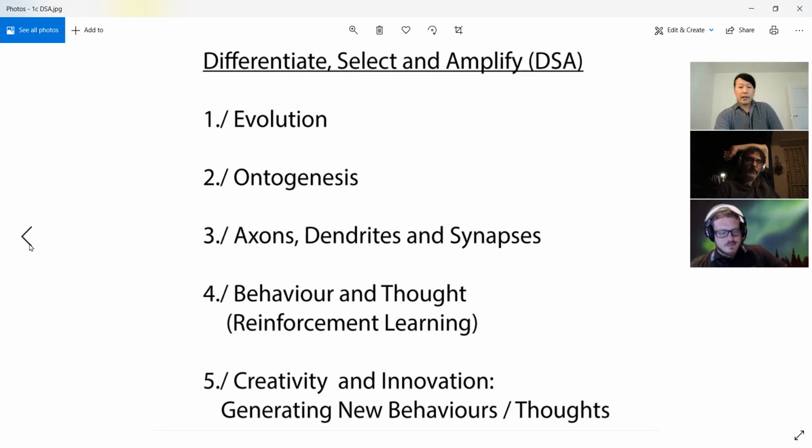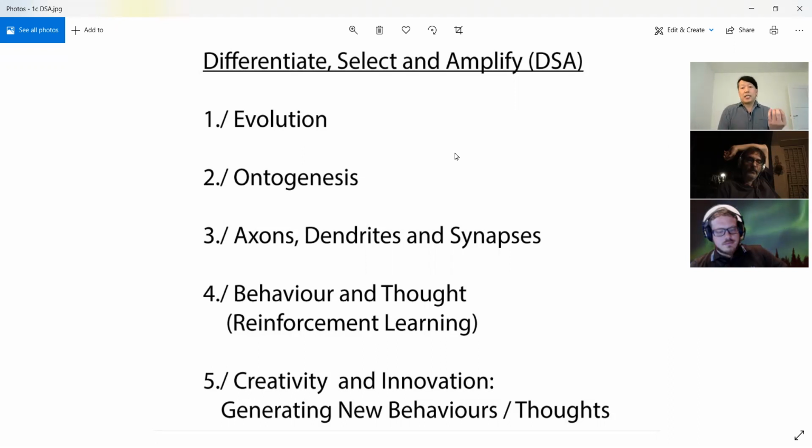But to close this way of looking at all these processes: the emanation from a fertilized egg as a single emanation, and once you have behaviors and thoughts, the evolution of those behaviors and thoughts. As we showed in the first talk, there's a symmetry between evolution, learning and creativity. It means that as we innovate the thoughts and behaviors we have, that is also a process of differentiate, select, amplify.